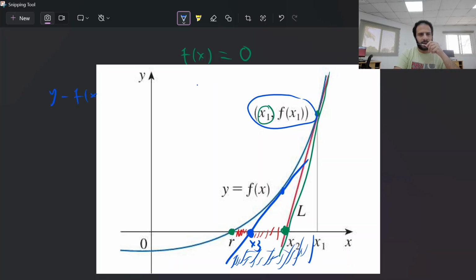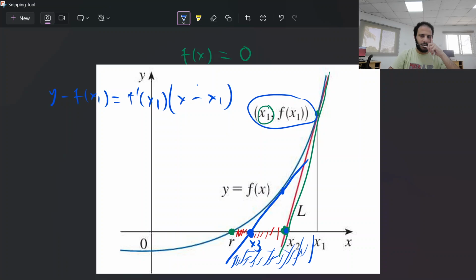y minus f of x1 equals f prime of x1 times x minus x1, right? Are you good with this? Good. How to find the value of x2?